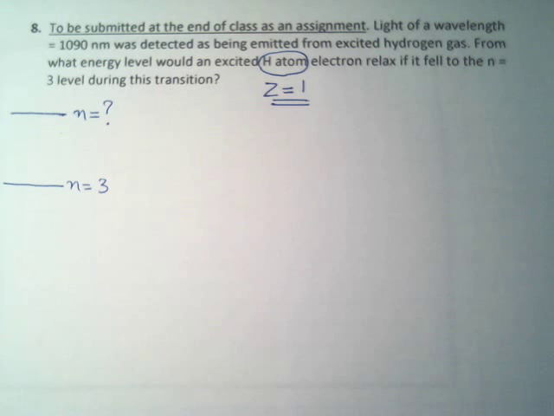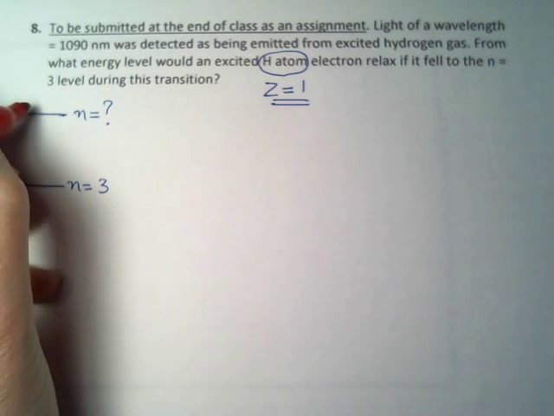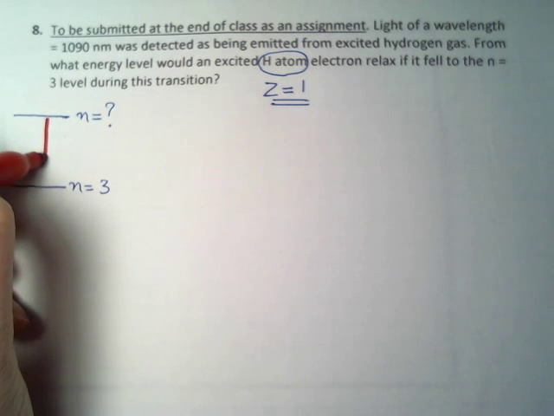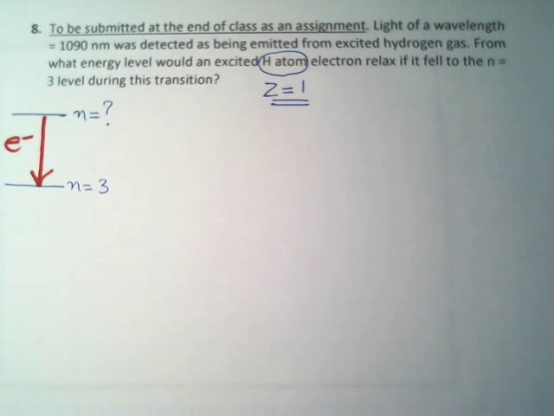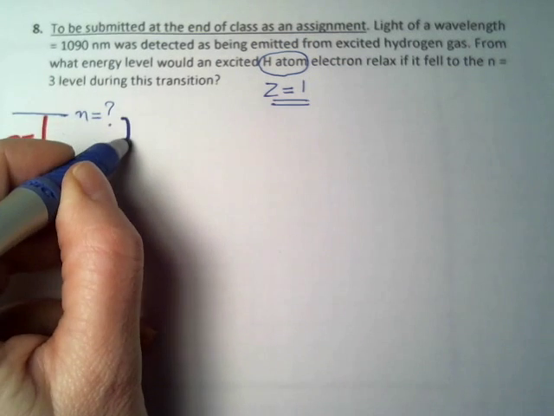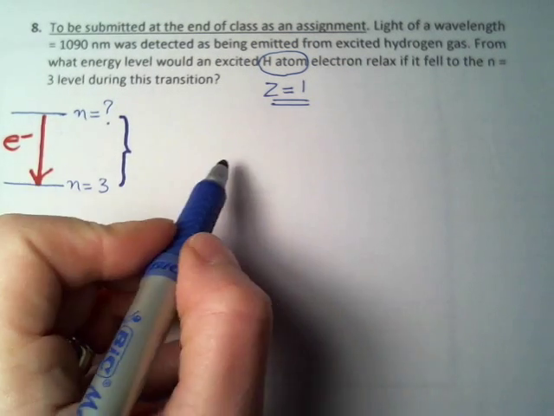So I do know that the electron started here and has dropped down to the third. So there's my electron relaxing. And the energy difference is conserved here because that energy is going to squeeze out.